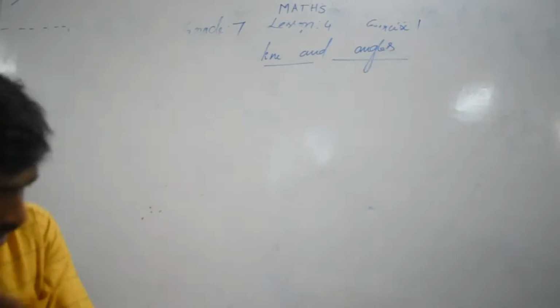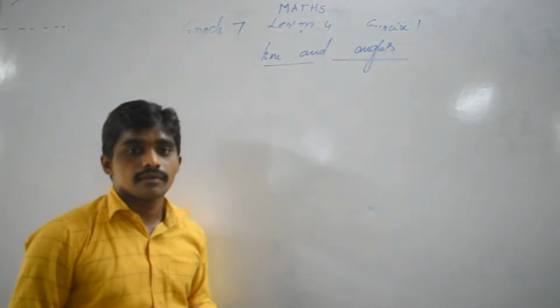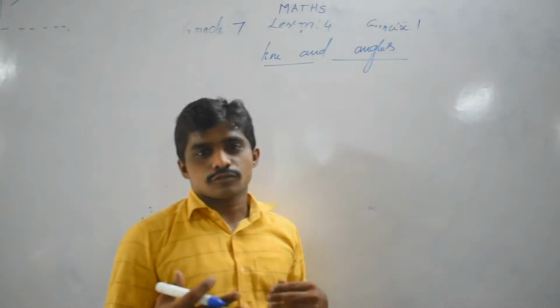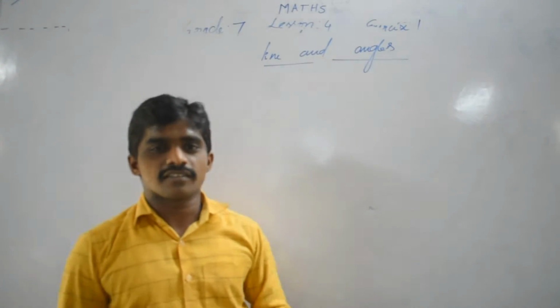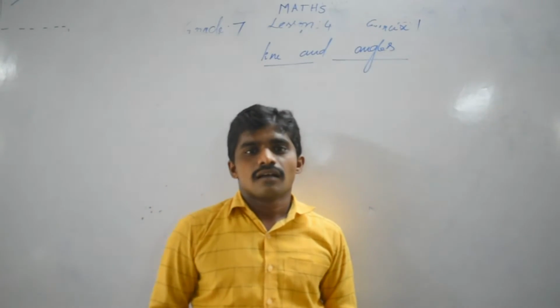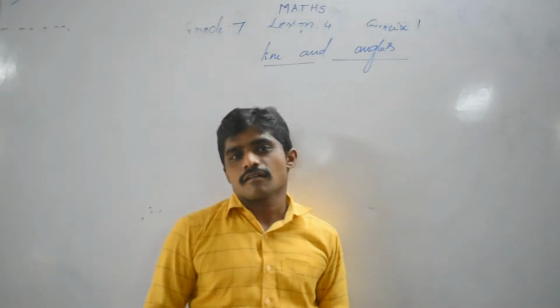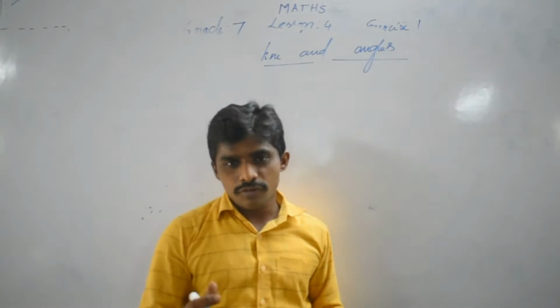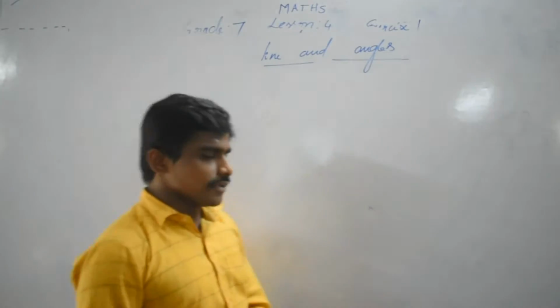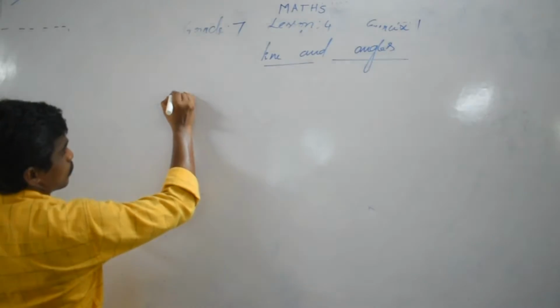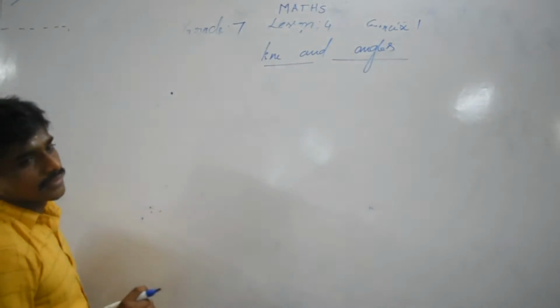So what is a line? Sometimes in class we discuss, a boy draws a line in my book, and some students complain. Here, see, what is a line? First, what is this?